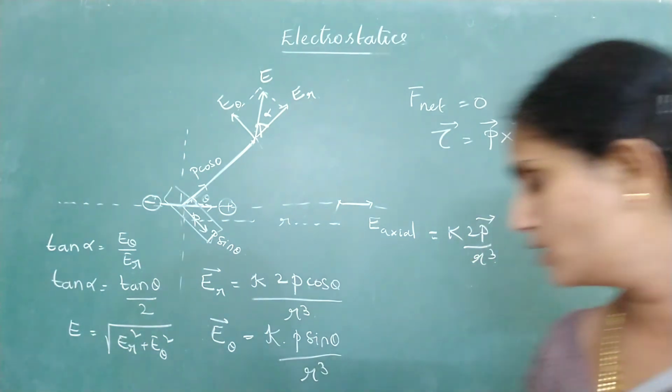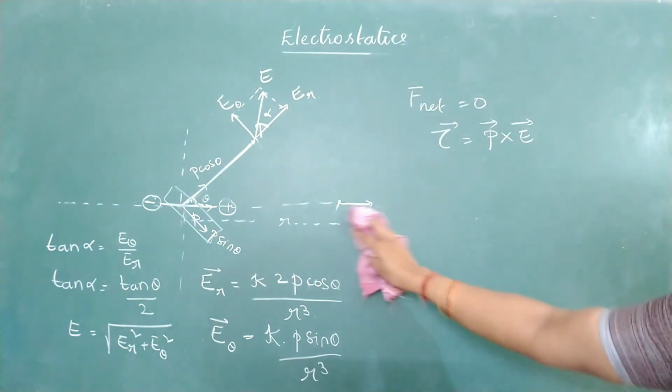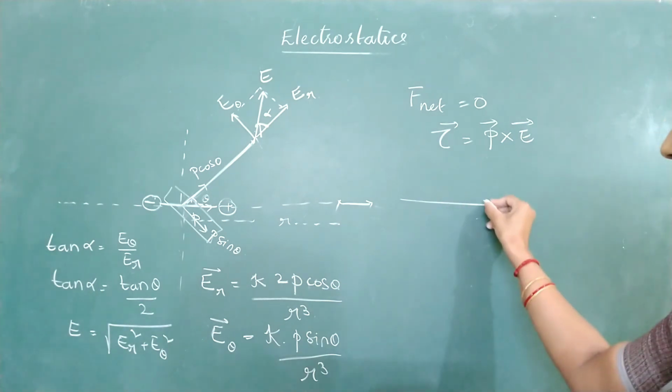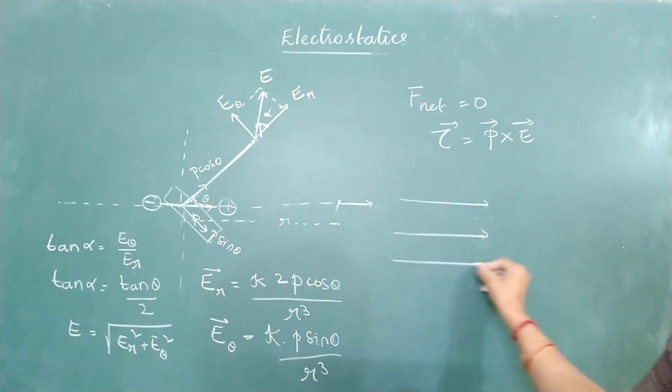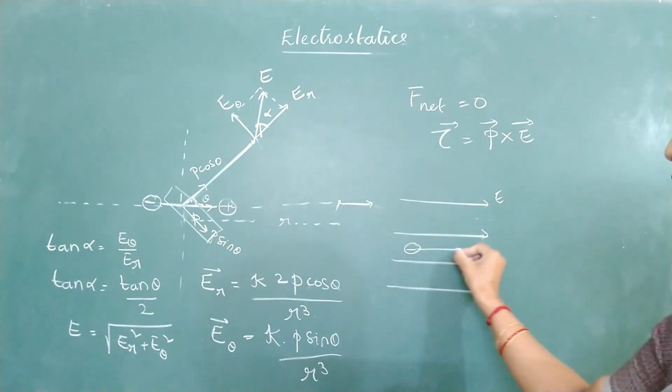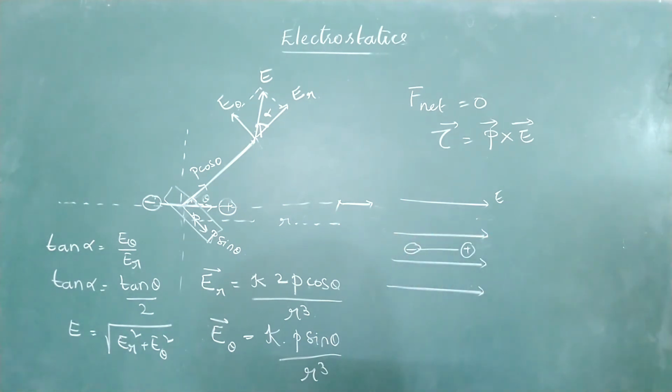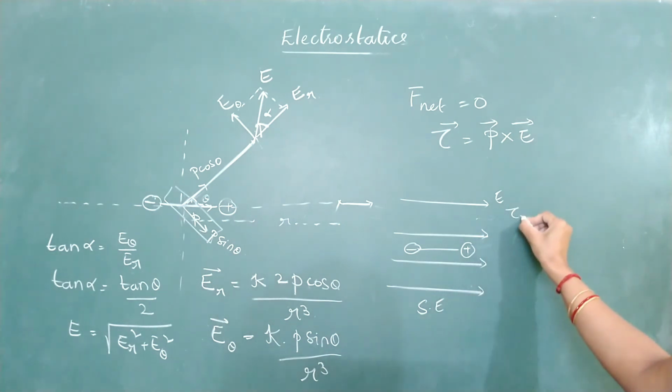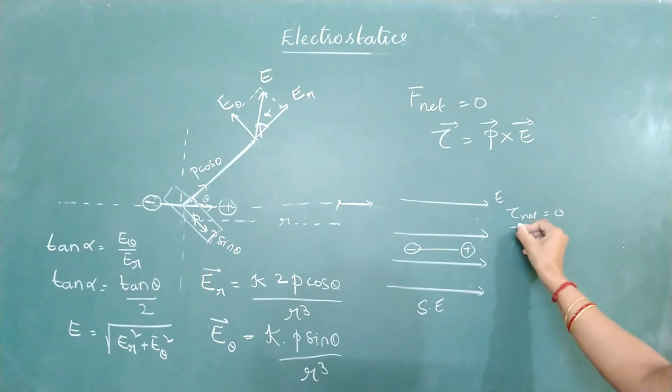And if theta is 0 and you are placing a dipole in a uniform field, it is said to be in stable equilibrium. If your dipole aligns in the direction of the electric field, what is this condition called? Stable equilibrium. In stable equilibrium, net torque will be 0.